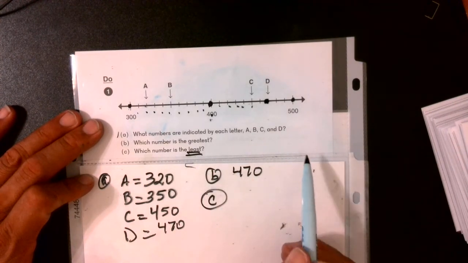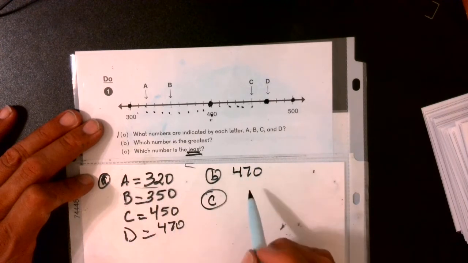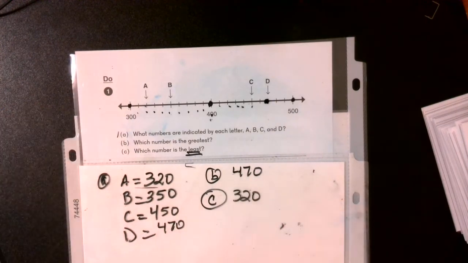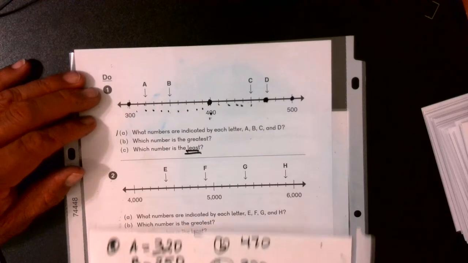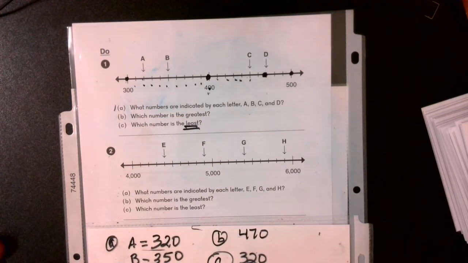Remember, least is the smallest, which is A. What is A? 320. So that's how you answer those questions. So you're comparing numbers between the largest and the smallest. Either you're putting them in order, or you're defining. So right now we are defining them on the number line. So let's look at number 2. Number 2 will be my last one, and we'll finish this video.